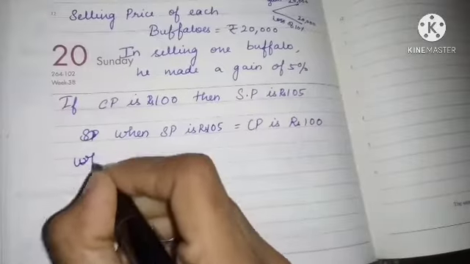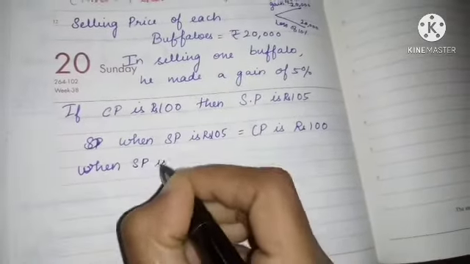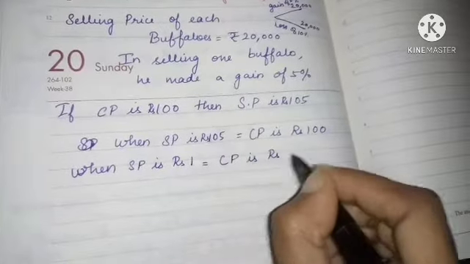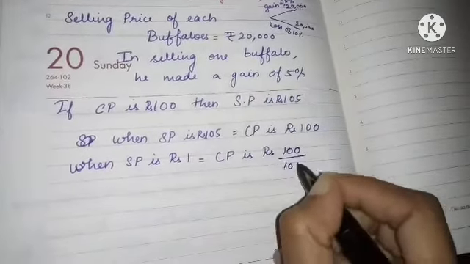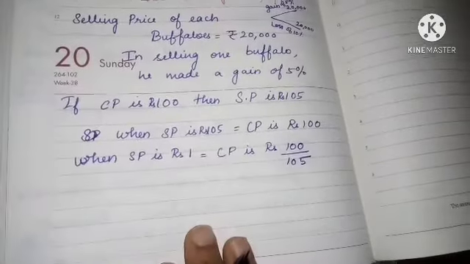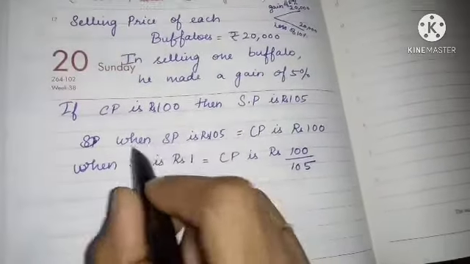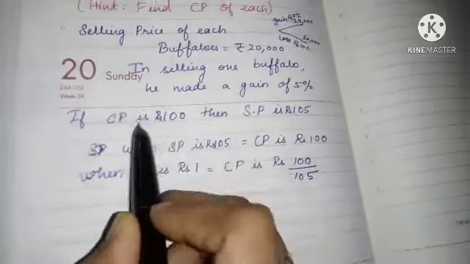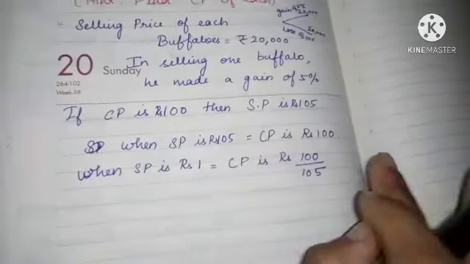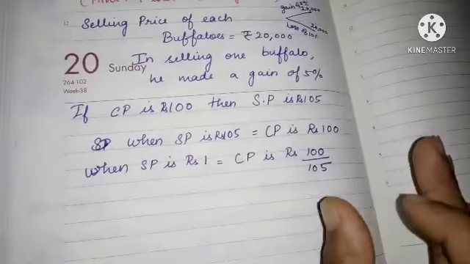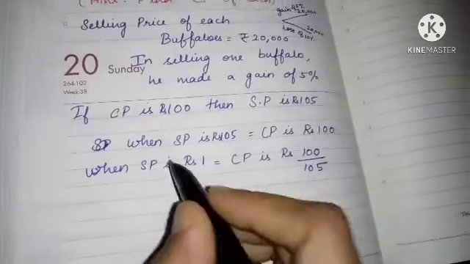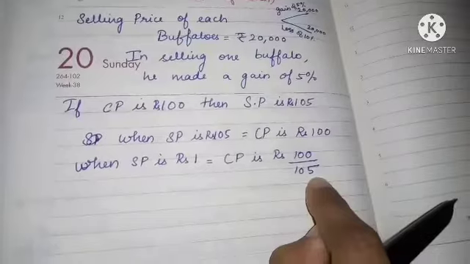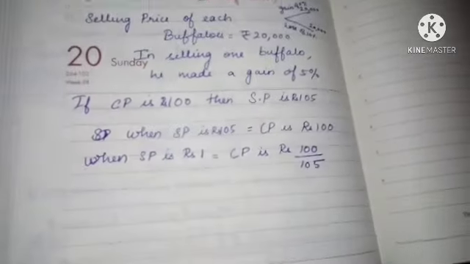When selling price is 1 rupee, cost price is 100 by 105. See children, when selling price is 105 rupees, cost price will be 100 rupees. This thing itself I have exchanged and written. The same type of example problem you have in your textbook. So when the selling price is 1 rupee, cost price will be 100 by 105. This 105 will come down.